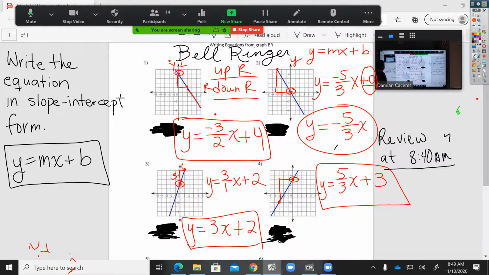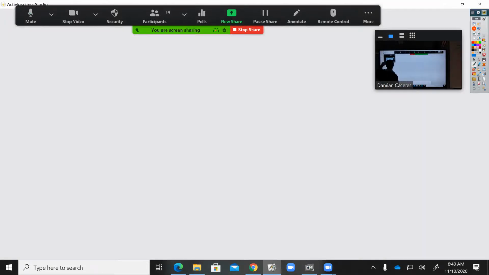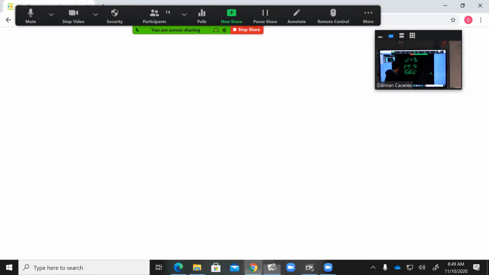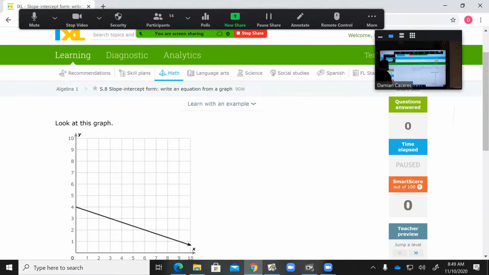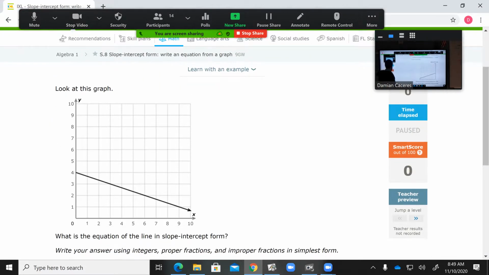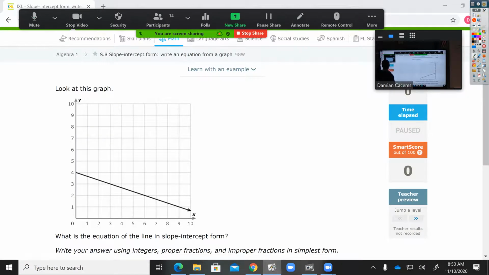Now, what we're going to do next is practice 1 or 2 problems from IXL. All right, so this is the IXL you're going to be doing, S8.